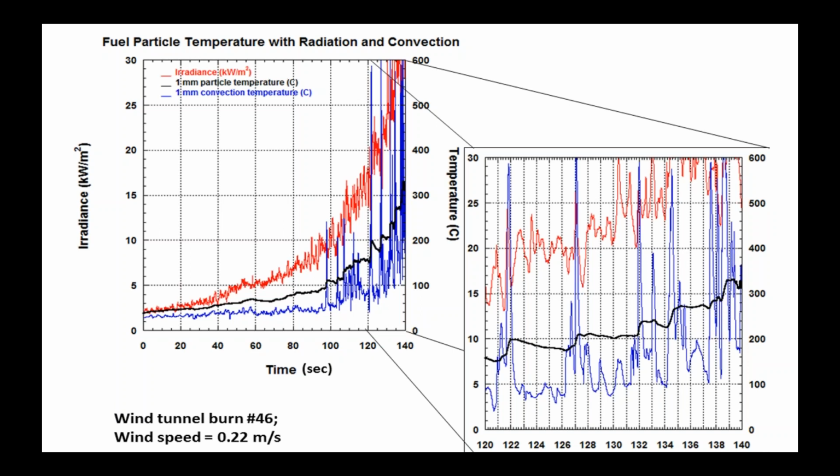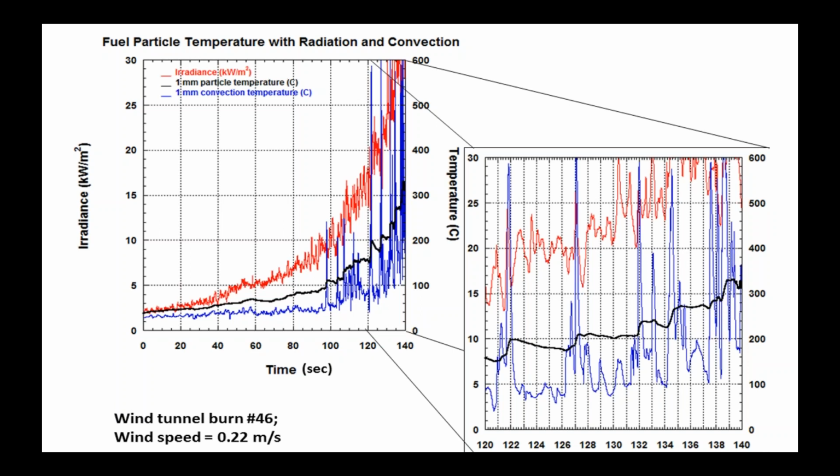On the right-hand side, you can see it blows up to the last 20 seconds of this particle's life before ignition. The main thing to point out is what the black line is doing as it increases in temperature. When it encounters one of those blue spikes, that's one of these flame bursts coming ahead, the particle temperature rises very quickly, and then it slowly cools off in between bursts.